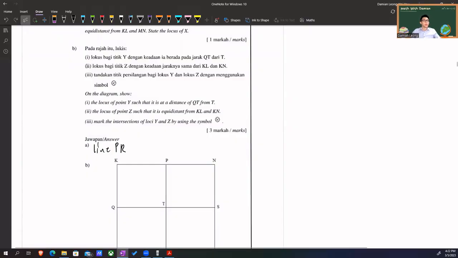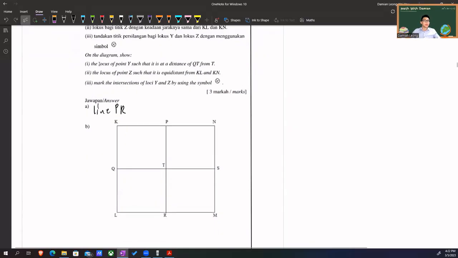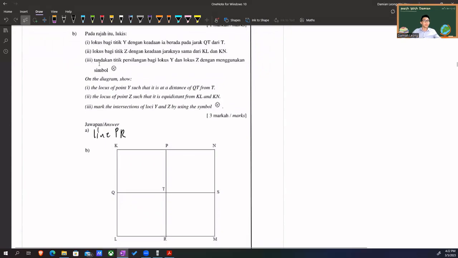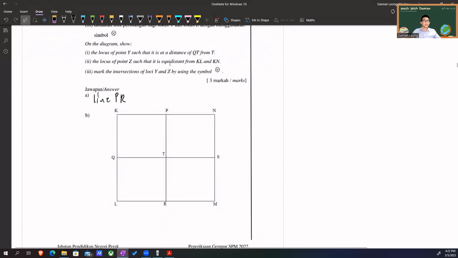Part B, I want to draw the locus. Okay, locus of point Y such that its distance from T is the distance of QT. Distance of QT from point T means this distance away. So constant distance, it will basically be a circle.